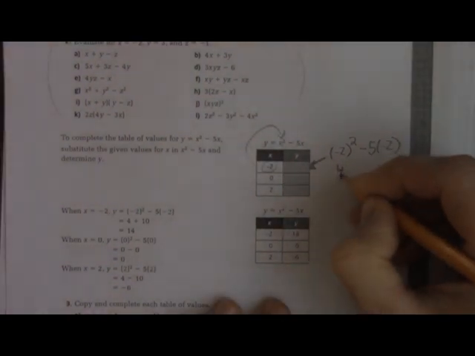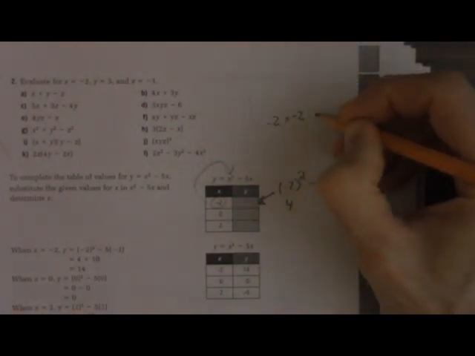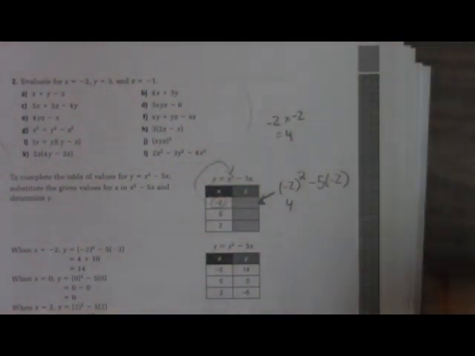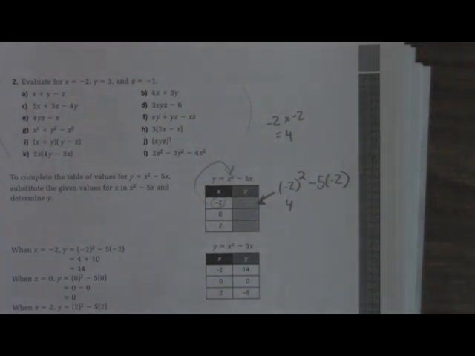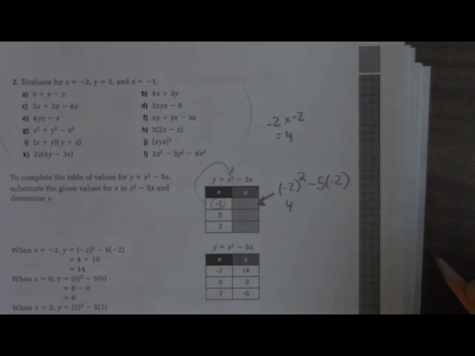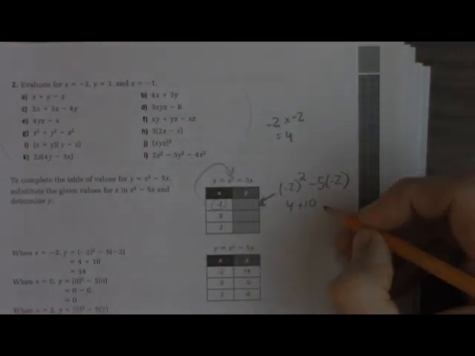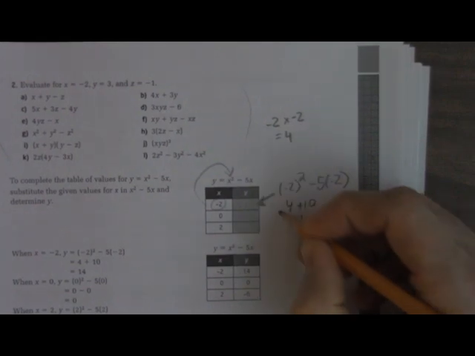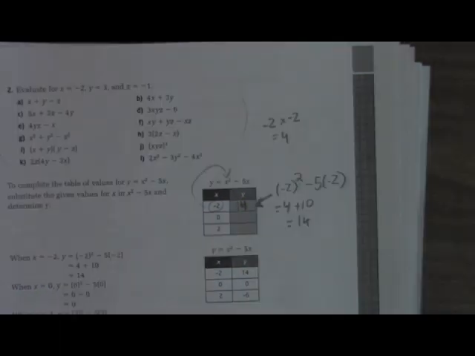When you have a negative 2 times negative 2, the negatives cancel and you just get a positive 4. Okay? So negative 2 squared is positive 4. What's negative 5 times negative 2, Rudy? Right. Good. Positive 10. So we're going to have 14. So the first y is 14. Make sense?